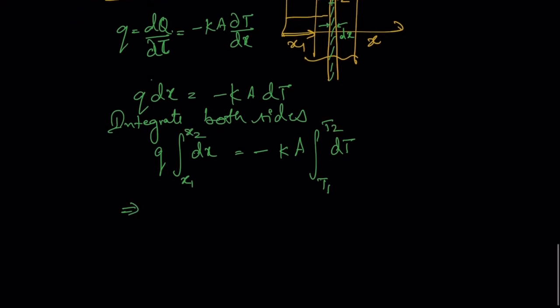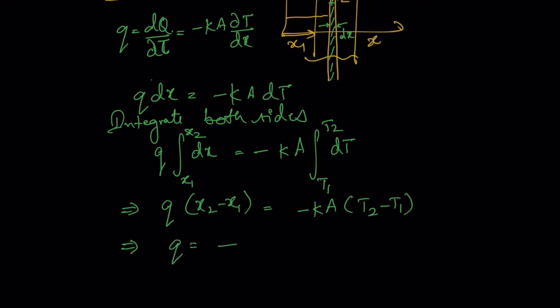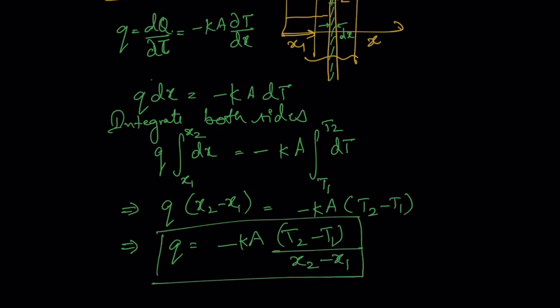So this will be q into x2 minus x1 equals minus Ka T2 minus T1. So q equals minus Ka T2 minus T1 divided by x2 minus x1. So this will be the same as we have done in the first method, right?